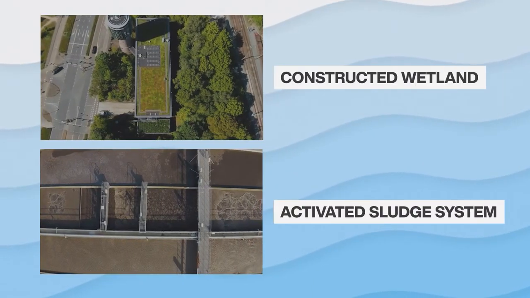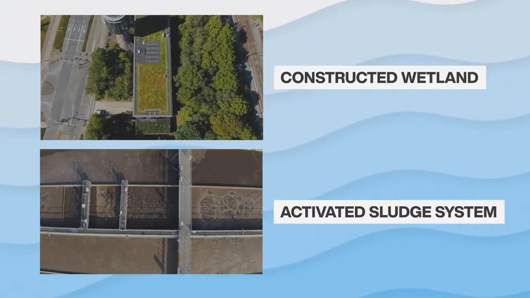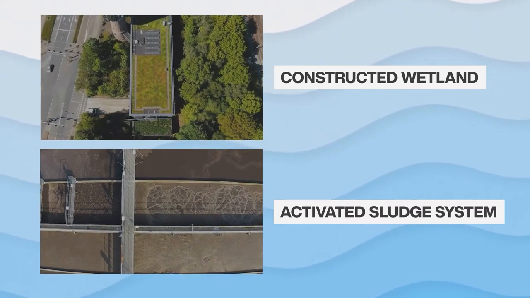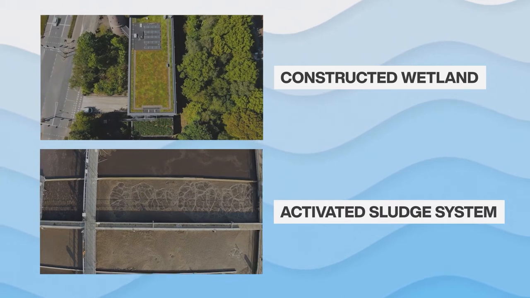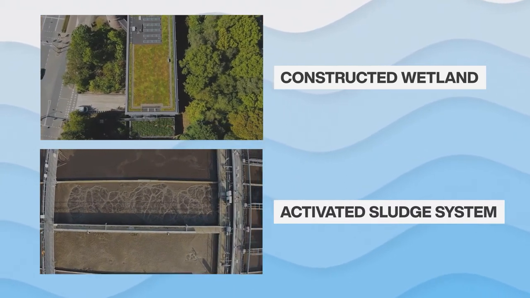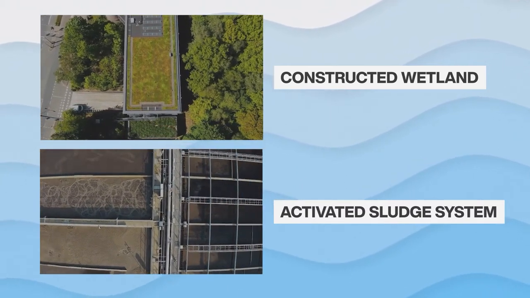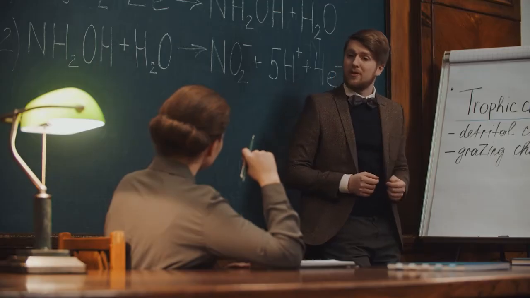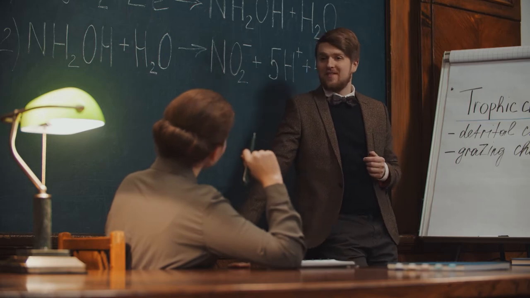In this regard, Ms. Doolittle, I have a question for you. Which of the two trophic chains, grazing or detrital, is used first in activated sludge systems and second in constructed wetlands? Think carefully, Betsy. I have given it some thought, Professor. May I answer? Go ahead, Ms. Doolittle, you'll never stop surprising me. Thank you, Professor. Activated sludge systems don't contain autotrophs.